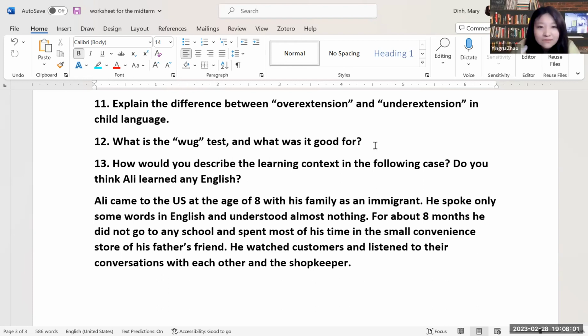Yeah, given his age, I think the second language learning process will be a little bit easier because he's at the age of 8 and he's at universal grammar. The innate system still works for him. And I think he could develop the second language in that way.